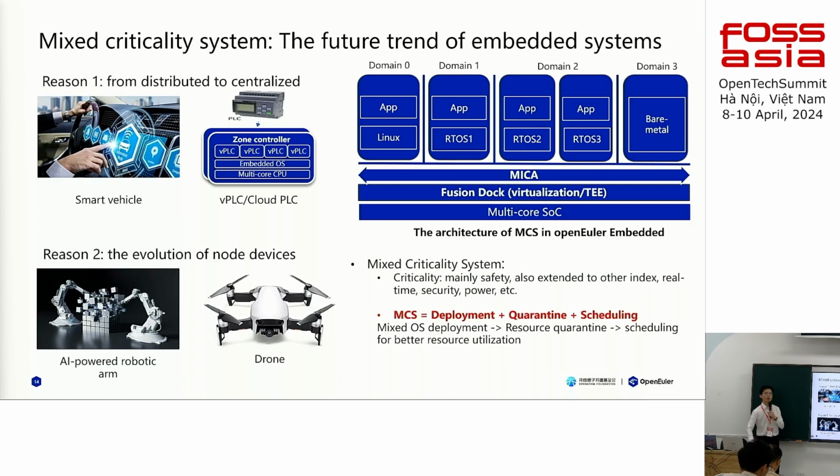Okay, so maybe now you have a general understanding of what MCS is. Now I would like to provide a clearer, more strict definition. As its name says, MCS stands for Mixed Criticality System. Literally, it stands for a system with mixed criticality components.